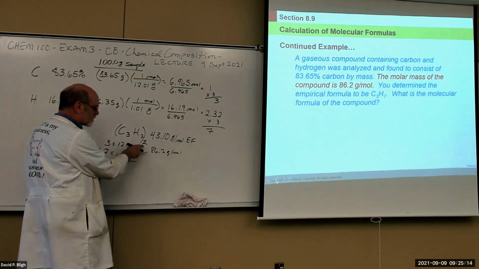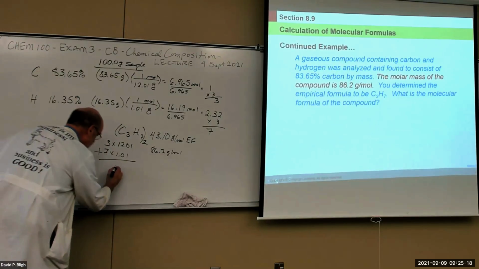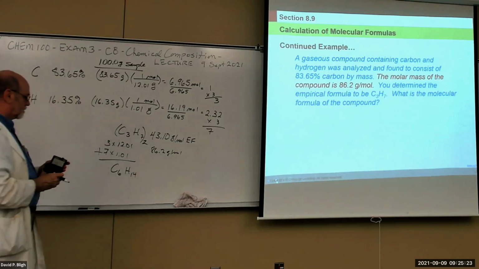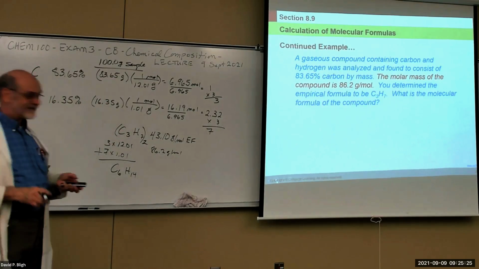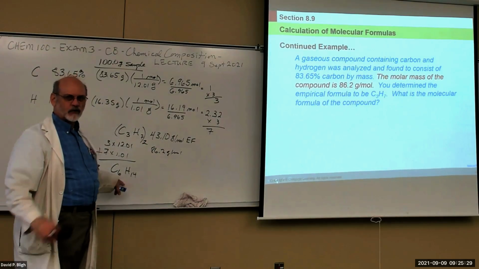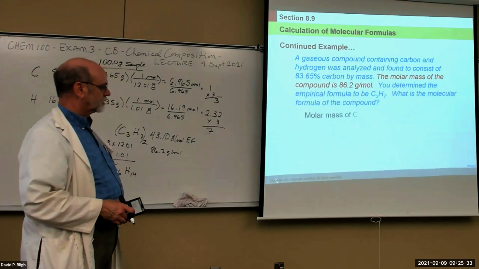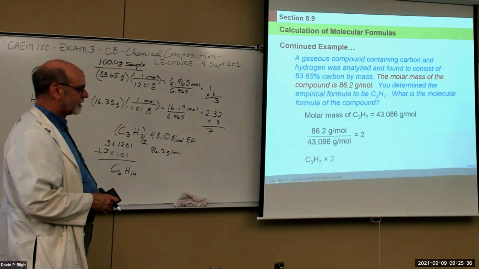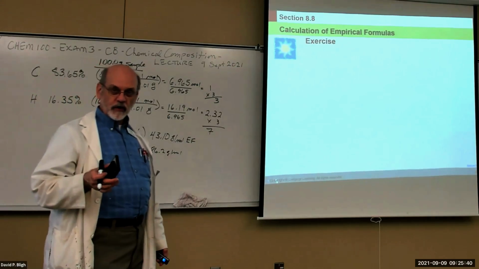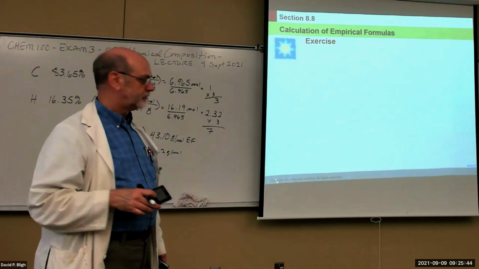So our multiplier is 2, and the molecular formula then is C6H14. Okay? That's probably hexane. You don't need to know that. I just recognize the formula. Okay? We just ratioed the true molar mass against the empirical mass.